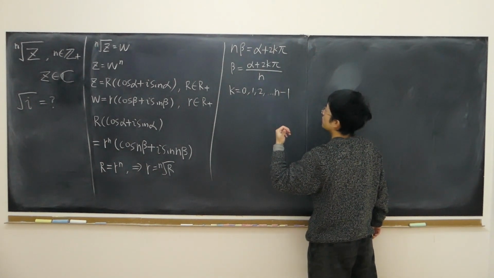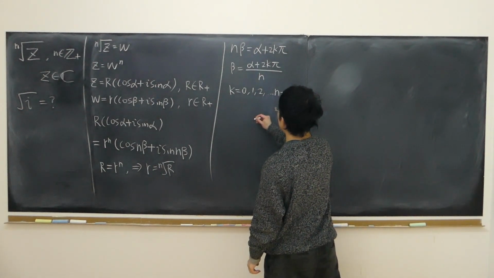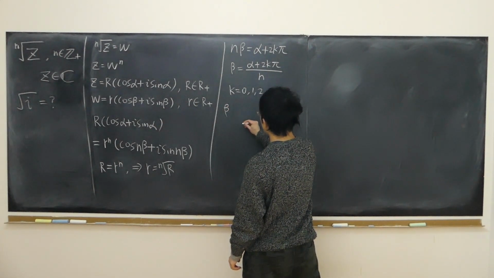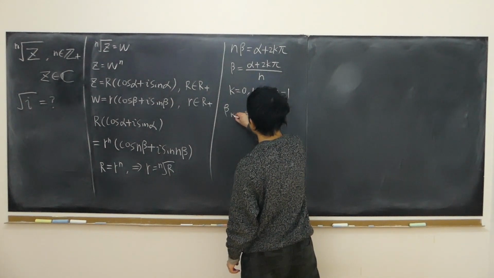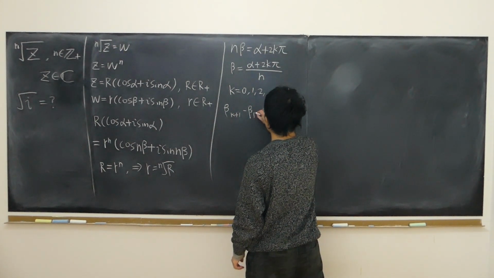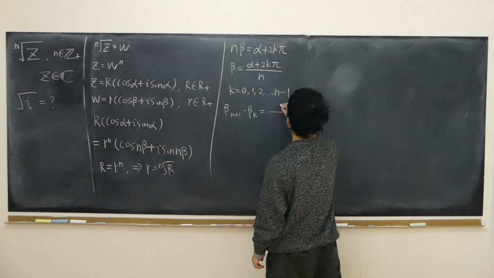What's their difference? 2 pi over n. So for consecutive roots, their angles differ by exactly 2 pi over n.